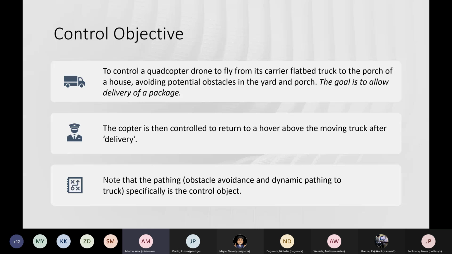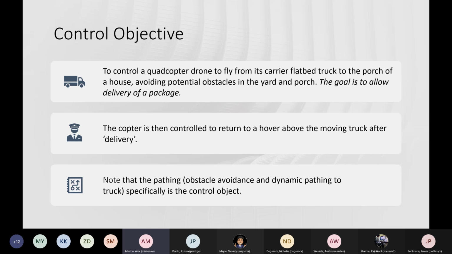Our control objective was to fly a quadcopter from a flatbed truck to the porch of a house to allow delivery of a package, and then after it's made its delivery, it'll go back to the flatbed of the carrier. The big objective overall is the pathing, obstacle avoidance and dynamic pathing to the truck.